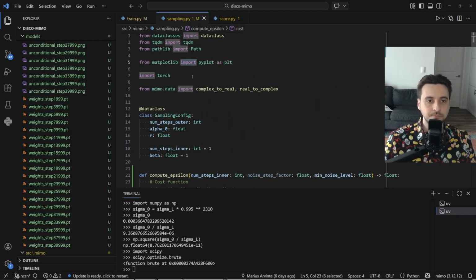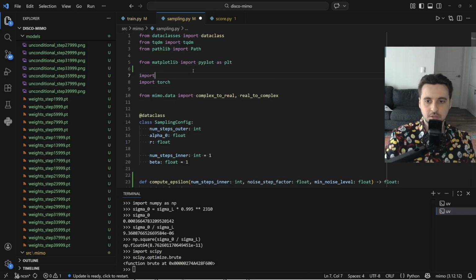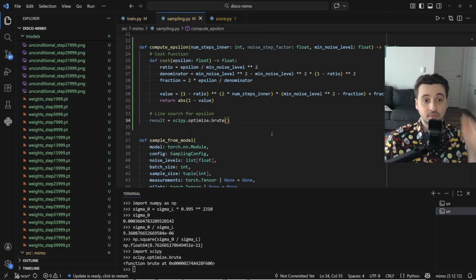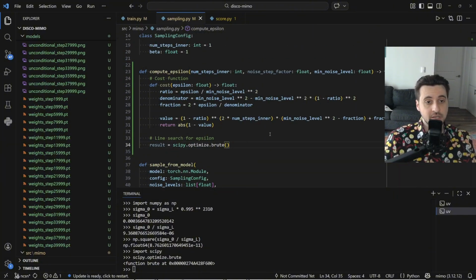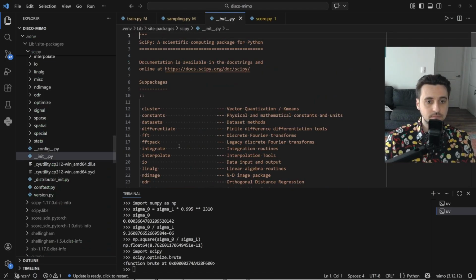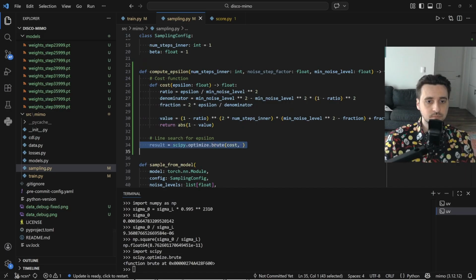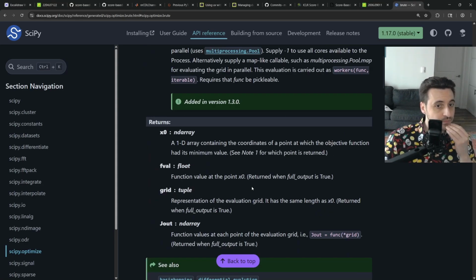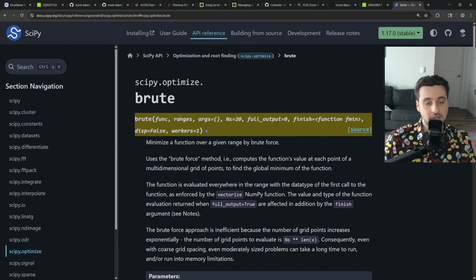I don't know. I'm just going to import scipy. So then we can just minimize cost. And what else does he want here? I have to say NS, right? Oh, I have to guess a range.